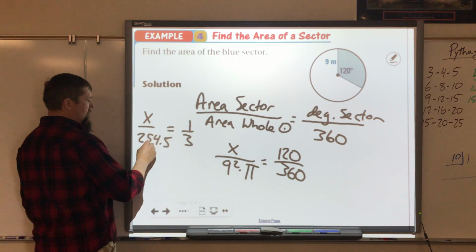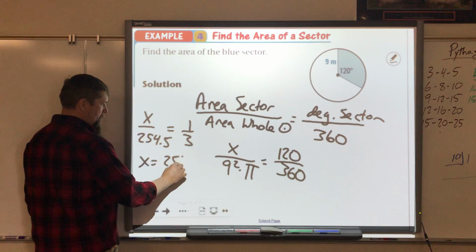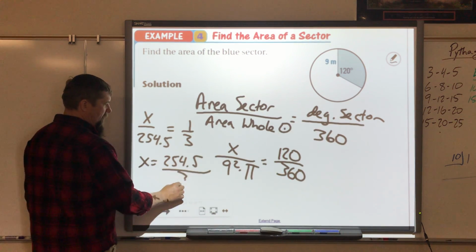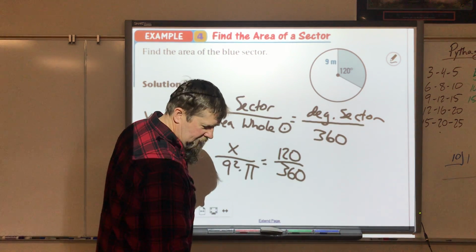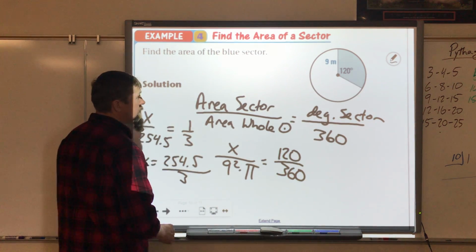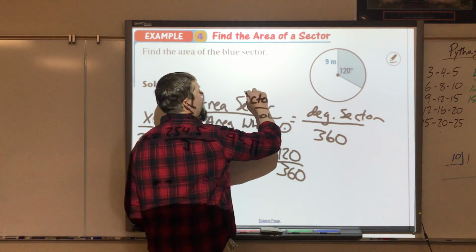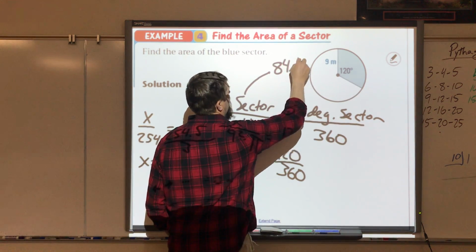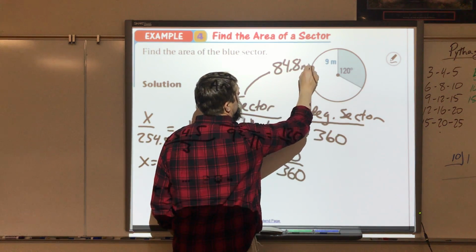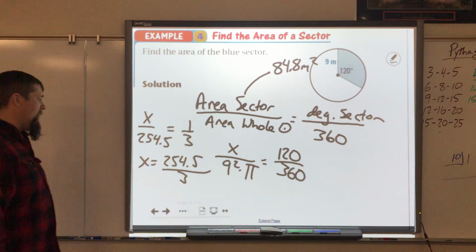So I multiply 254.5 times 1 divided by 3. I take that and divide by 3, and I get 84.8. So the area of the sector is 84.8 meters squared.